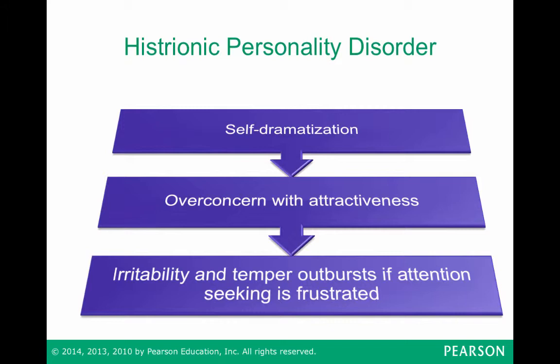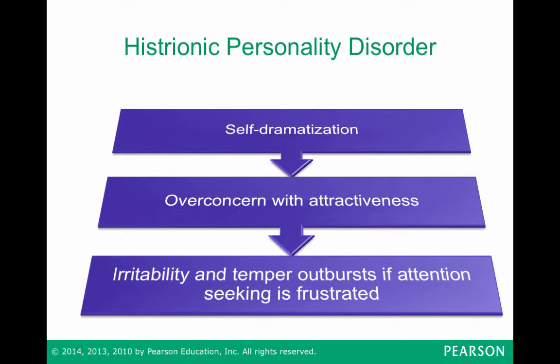And when you look at the DSM-5 criteria, you see that it says a pervasive pattern of excessive emotionality and attention seeking, which begins by early adulthood and presents in a variety of contexts. And then we're looking for 5 or more of the following characteristics.